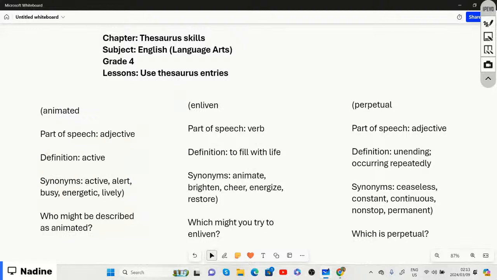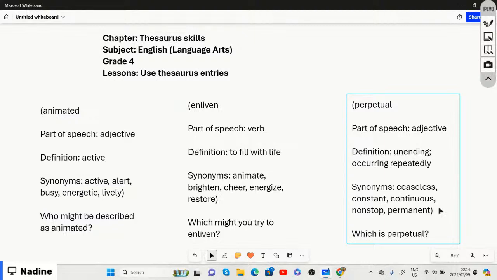And then the synonyms. We said synonyms are words with the same meaning or almost the same meaning. The synonyms are to animate, to brighten, to cheer, to energize or restore. Then we have perpetual.